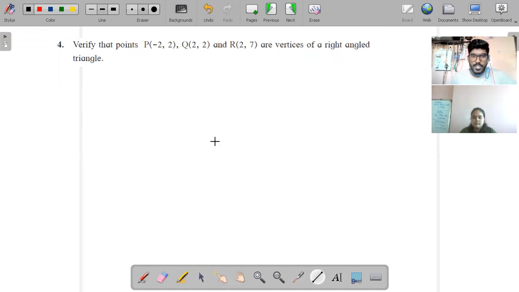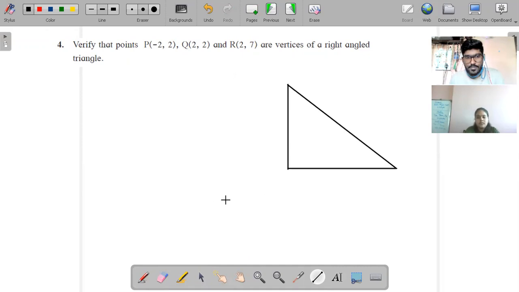Okay. Now, before starting that, I want you to remember one very, very important and famous property of a right angled triangle. Which theorem can be used in a right angle triangle? Pythagoras. Yes, Pythagoras theorem.